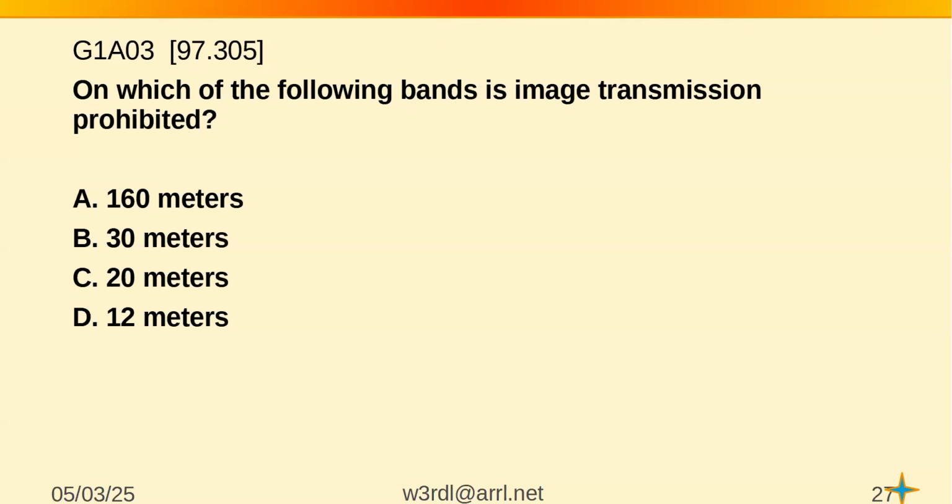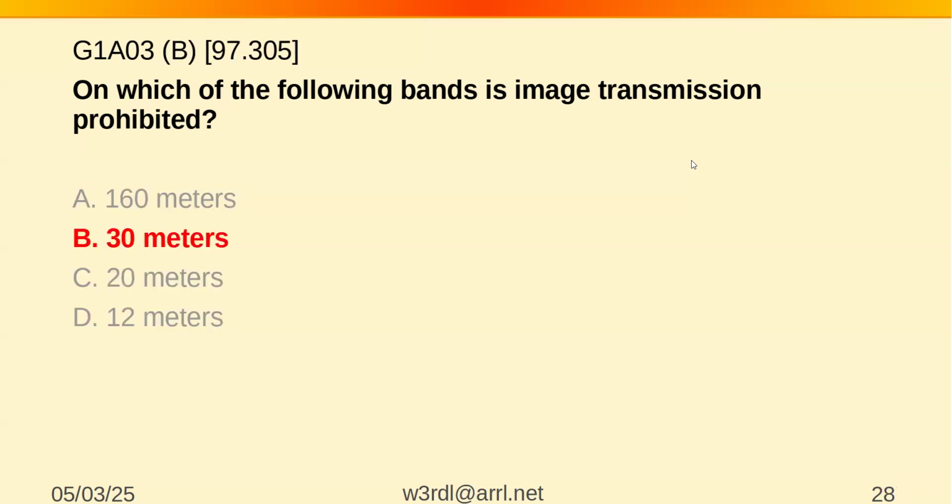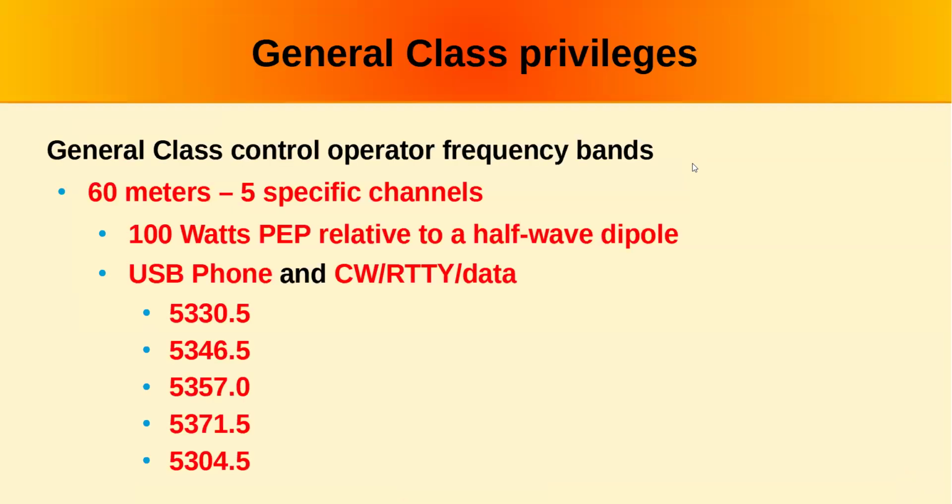On which of the following bands is image transmission prohibited? Uh-oh. 60 meters. Oh, that's a really fun one. It's divided up into 5 channels.